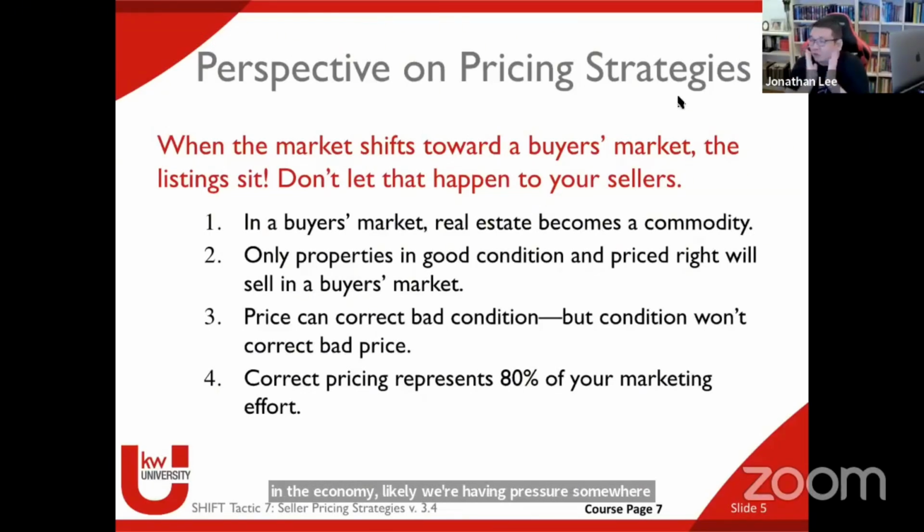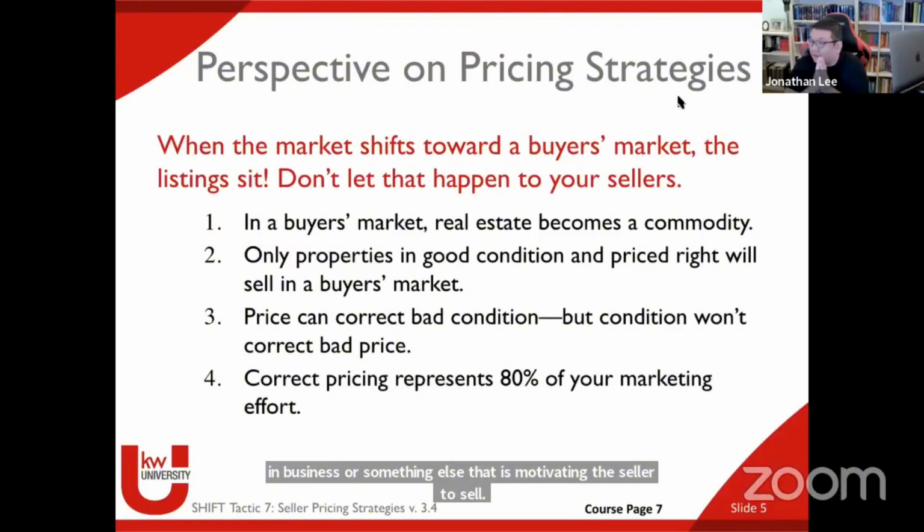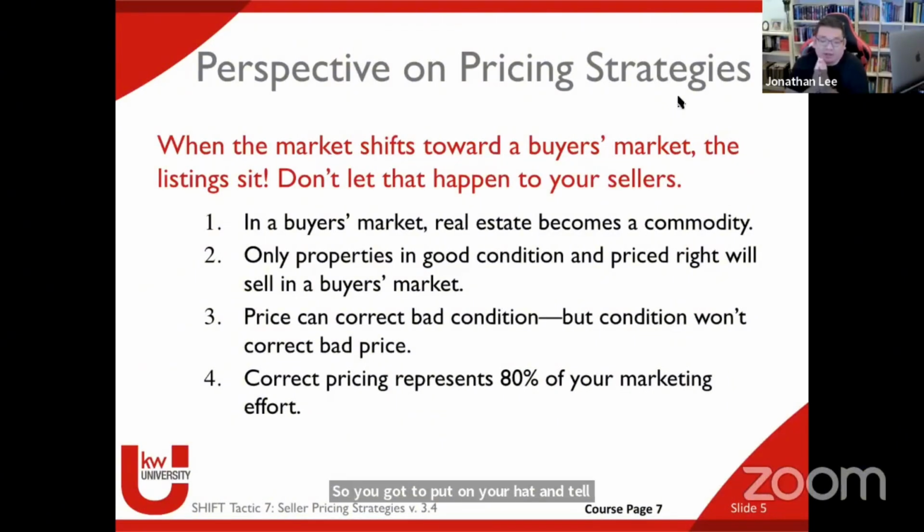So you've got to put on your hat and tell yourself that my role as a real estate professional today in a buyer's market is to help owners that need to sell, to have them sell fast, right? At the best price that you can possibly get for them in a tough market. That's your mindset. And in your job as a buyer's agent, you're out there helping buyers look at what's the best opportunity for them.